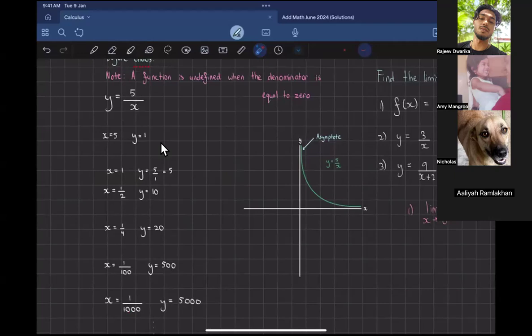So if you are approaching zero, that means you're plugging in values that are smaller and smaller. And what we know happens when you put a small x value into a fraction: the y value gets bigger. So is the y value supposed to be approaching zero or infinity?